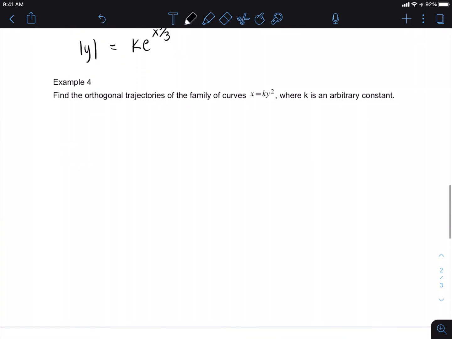Orthogonal trajectories for curves. So every curve has a curve that is orthogonal to it everywhere. So if I have a parabola, there are curves that will always be orthogonal to them.